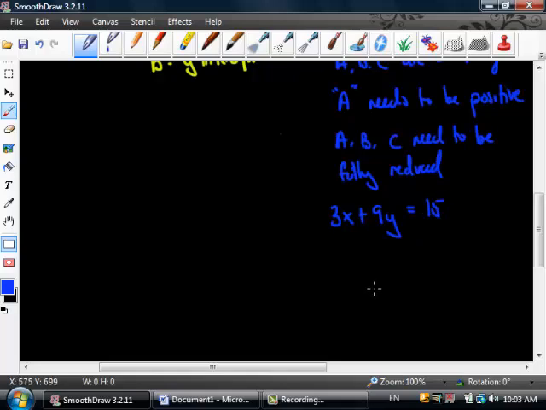It is not in standard form yet, because 3, 9, and 15 all divide into what number, Matthew? 3. So I can reduce this by dividing by 3, and I get x plus 3y equals 5. Now it's in standard form. Does that make sense, everyone? All right, so if you can reduce your standard form, you must reduce your standard form.